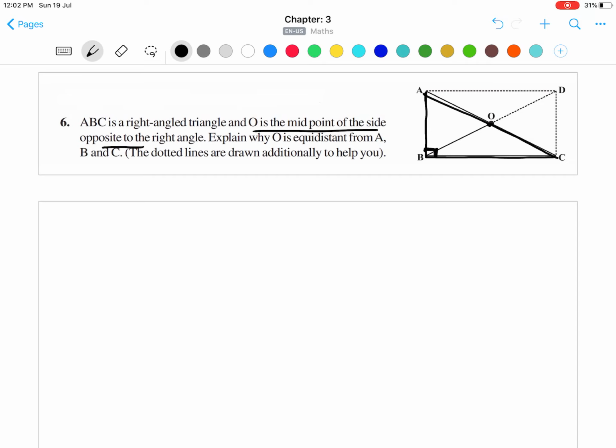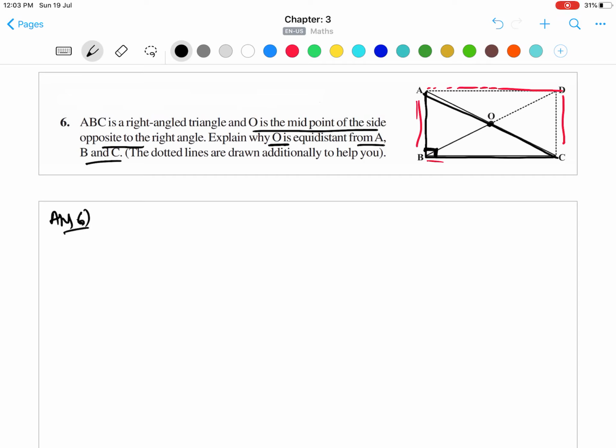So this is the right angle here, and O is the midpoint of the opposite side. Explain why O is equidistant from A, B and C. What we have done here is we have drawn a line AD, which is equal and parallel to BC, and similarly DC is equal and parallel to AB. So let's write the solution.